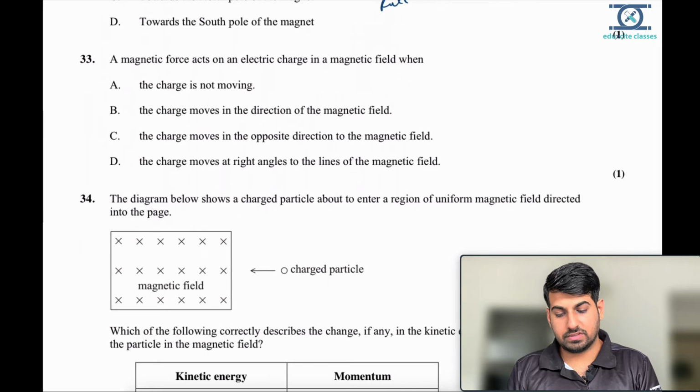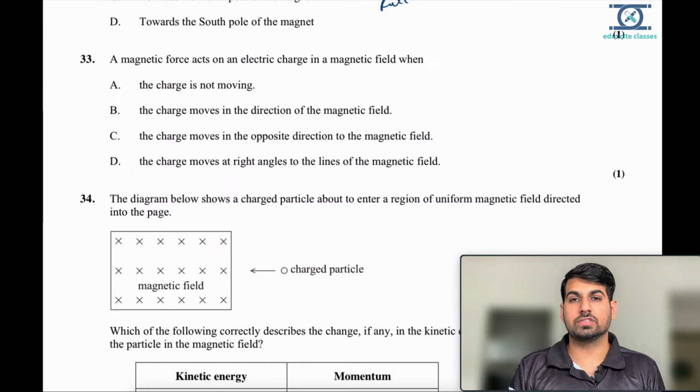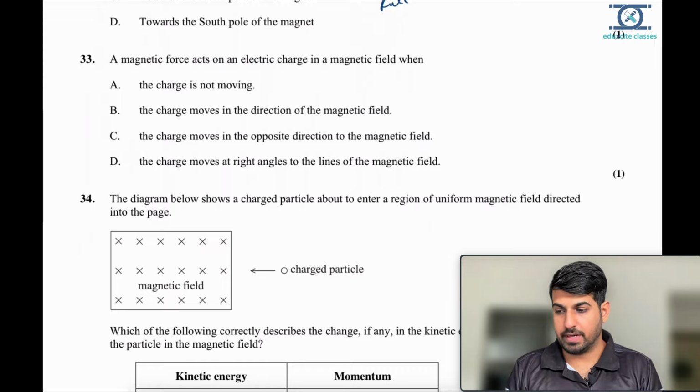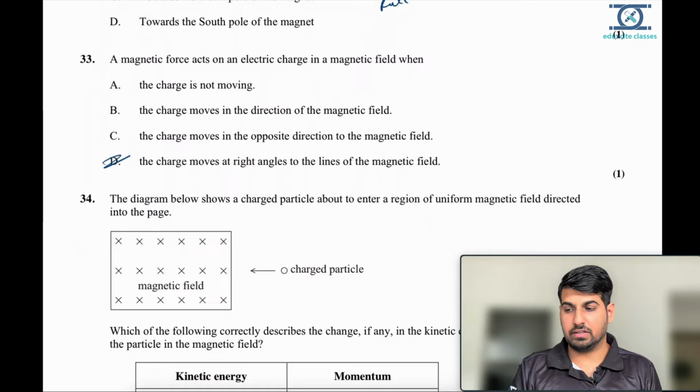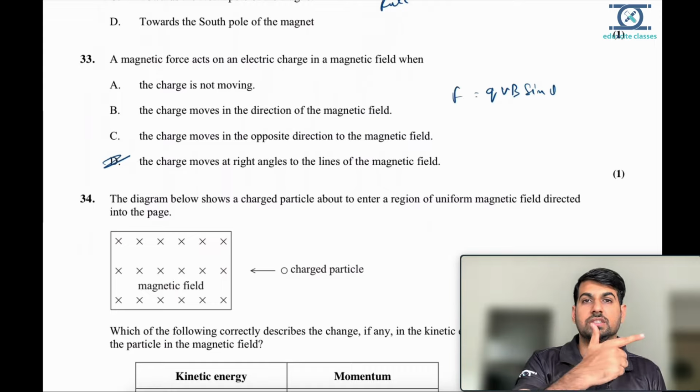Now magnetic force acts on an electric charge in a magnetic field, so you should know that it should be perpendicular, at a right angle to each other. Magnetic force is q v B sine theta, if you remember the formula. It is the force exerted on a moving charge in a magnetic field.